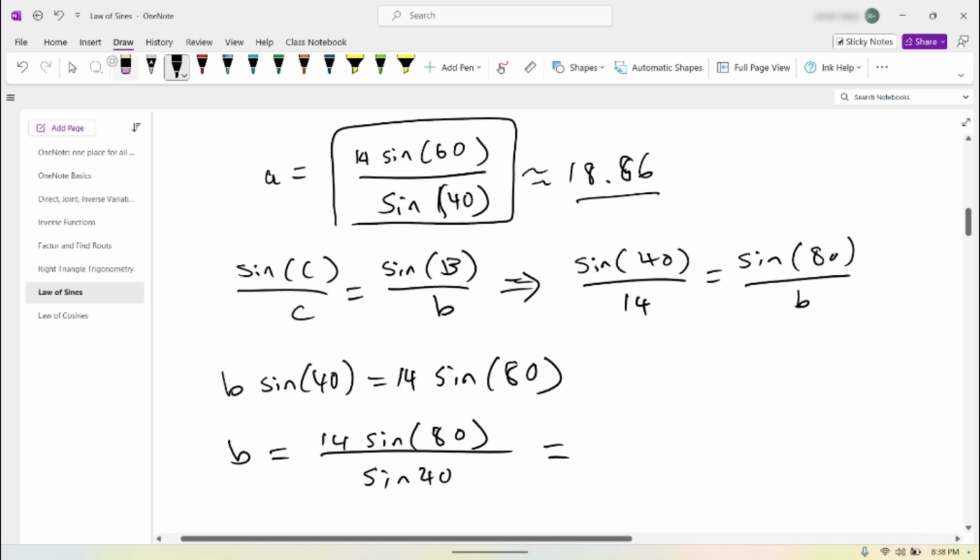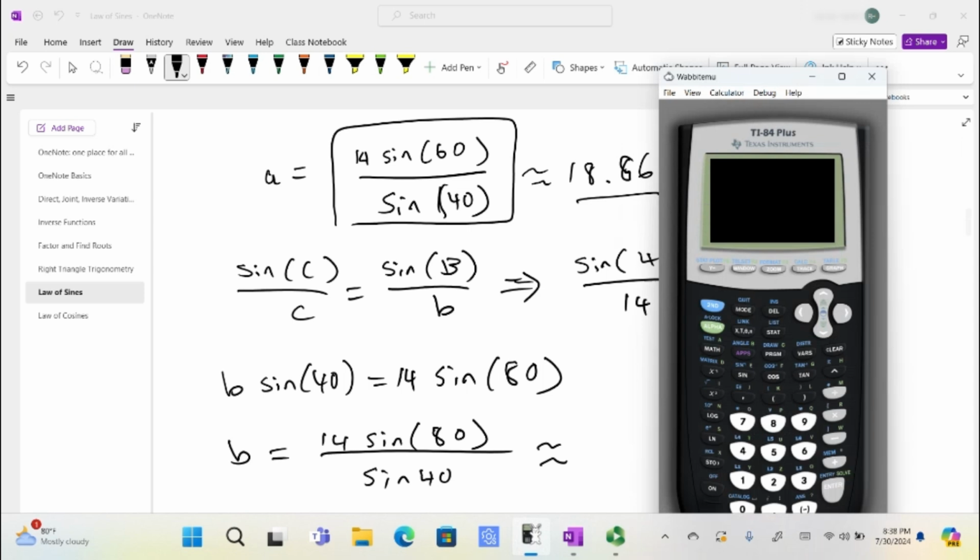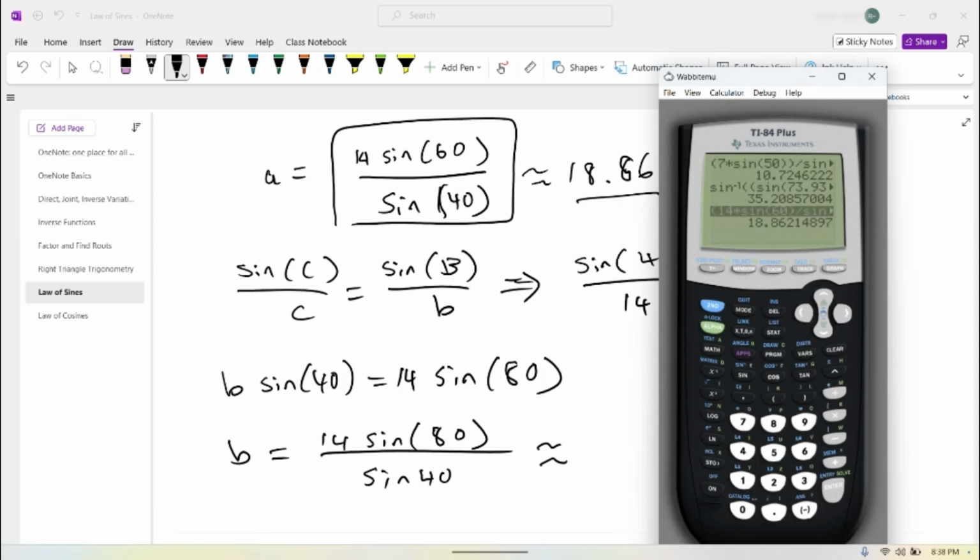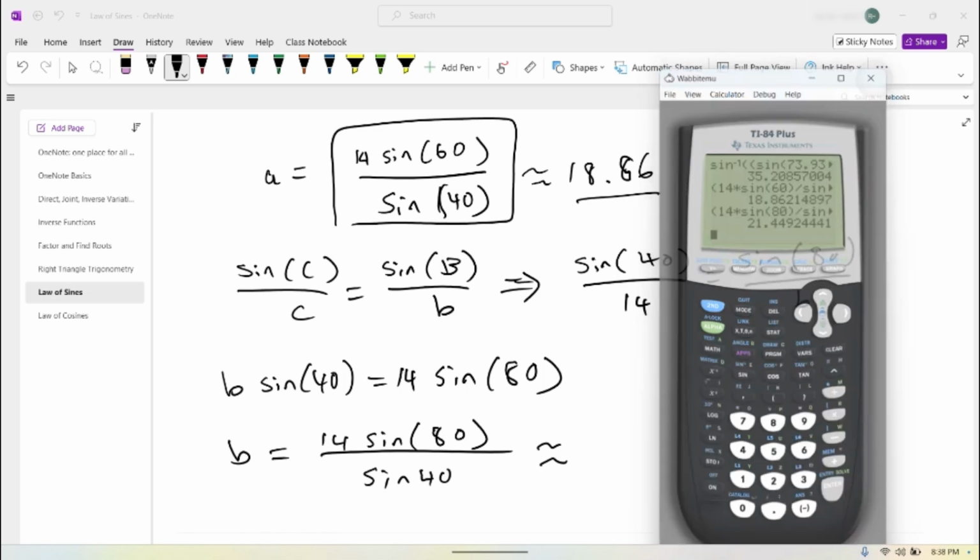And this is going to approximate to, getting our calculator, 14, change the angle to 80, over sine of 40. Let me see what the side is. 14 sine 80, yeah, that should be fine. So this is approximately 21.45.